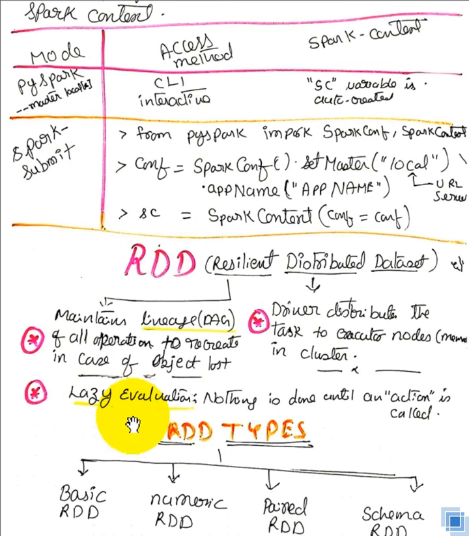And the third interesting feature of RDD, or of Spark itself, is that it evaluates each operation or each piece of code with something called lazy evaluation.